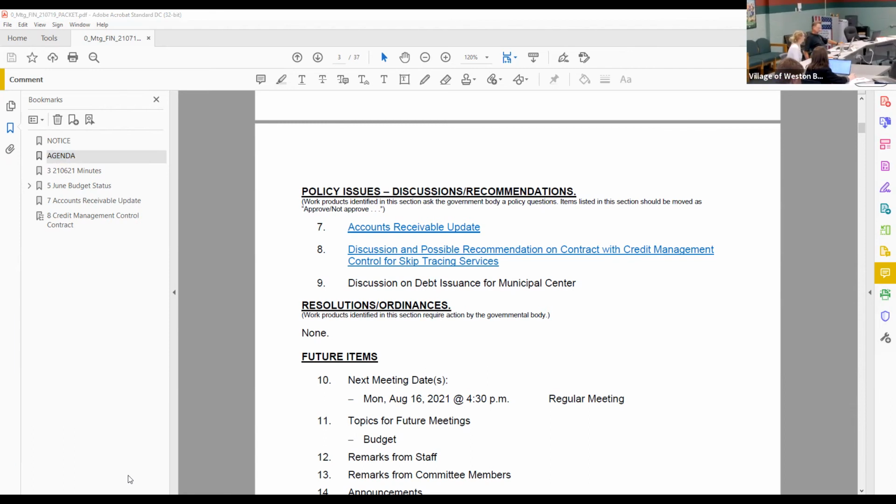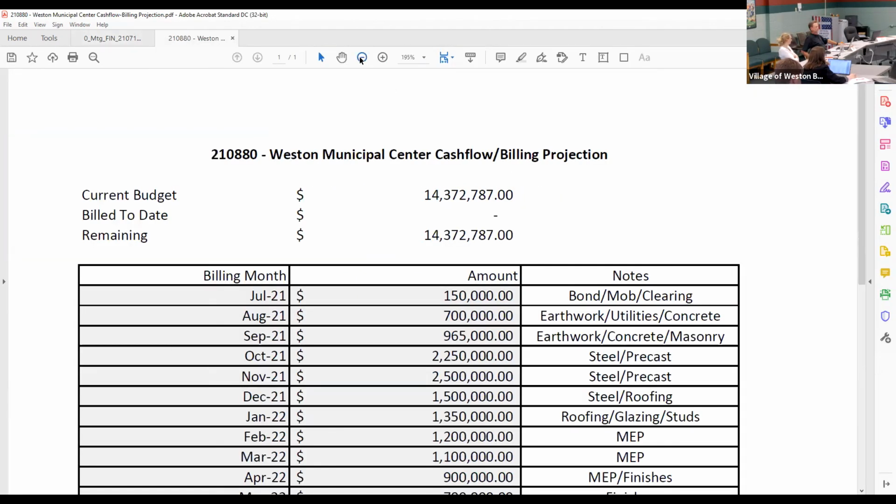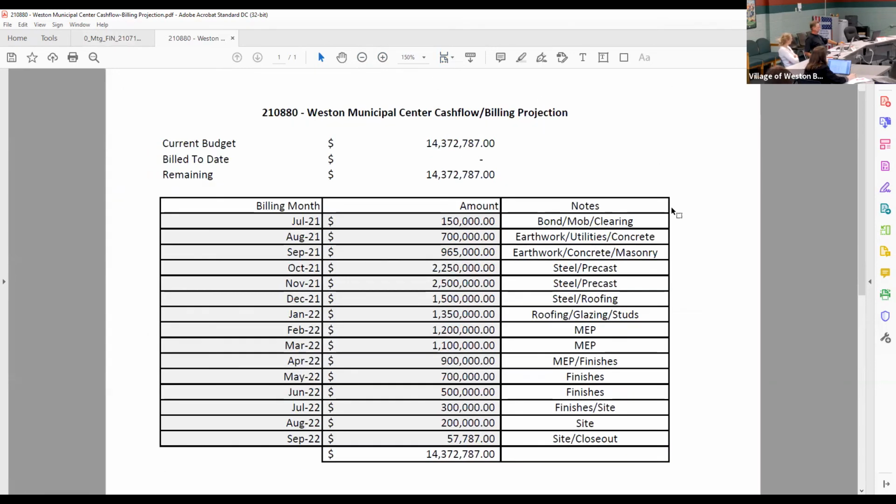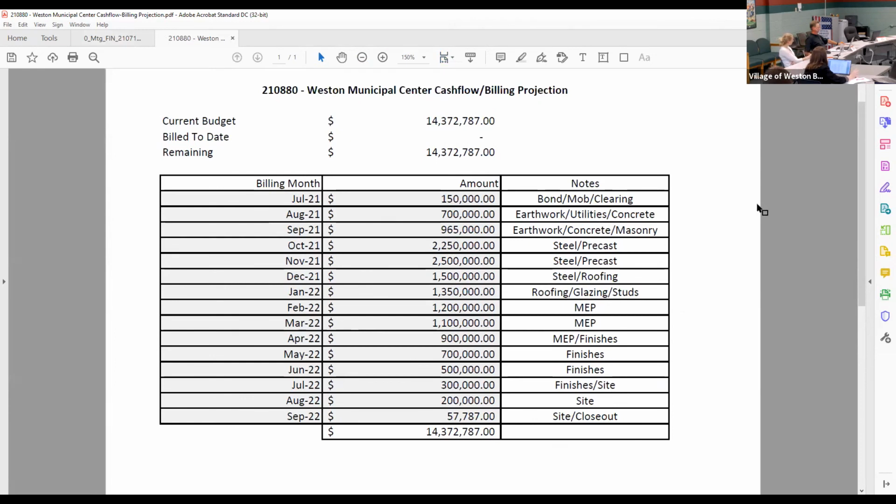So I'm coming to the committee and asking, is it okay if the village sends out RFPs to our local banks? That's the avenue that we talked about before, that we would be looking at our local banks to see if they would be willing to help us out instead of going out on the market and paying a ton of fees, legal and attorney fees, and then we have our financial advisor fees.